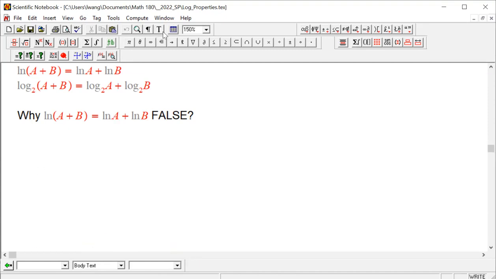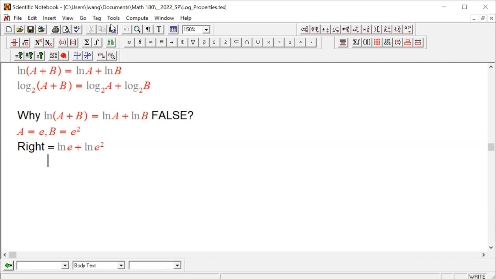I'm going to assume A equals e, B equals e squared, and plug e in for A and e squared for B on the right-hand side.